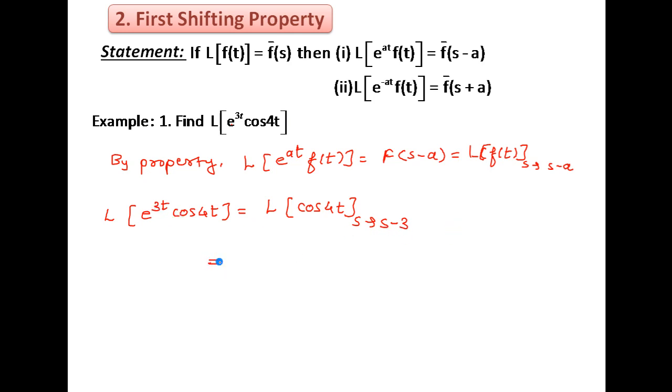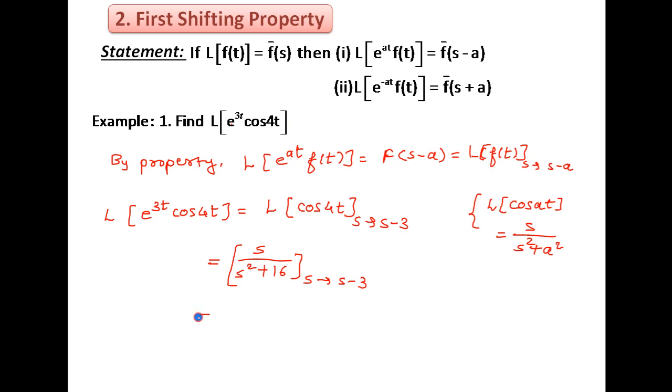Now finding the Laplace of cos 4t. We know that Laplace of cos at is given by s upon s square plus a square. So here taking the Laplace of cos 4t, s upon s square plus 16, and replace here s by s minus 3. So if we replace s by s minus 3, we will get s minus 3 upon s minus 3 whole square plus 16.